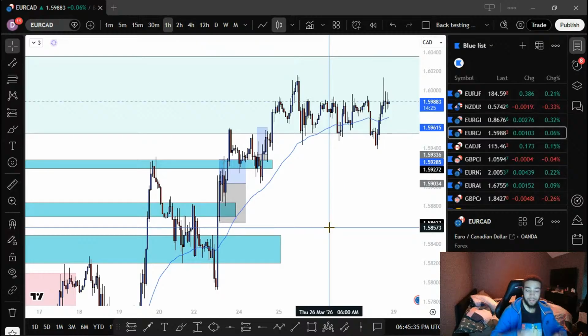So the point being is higher time frame structure plus momentum equals hold and take the risk of losing profits.